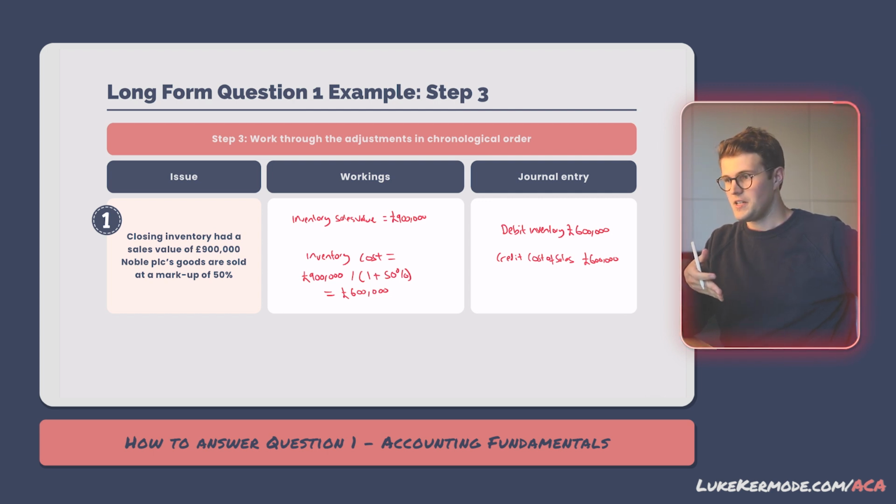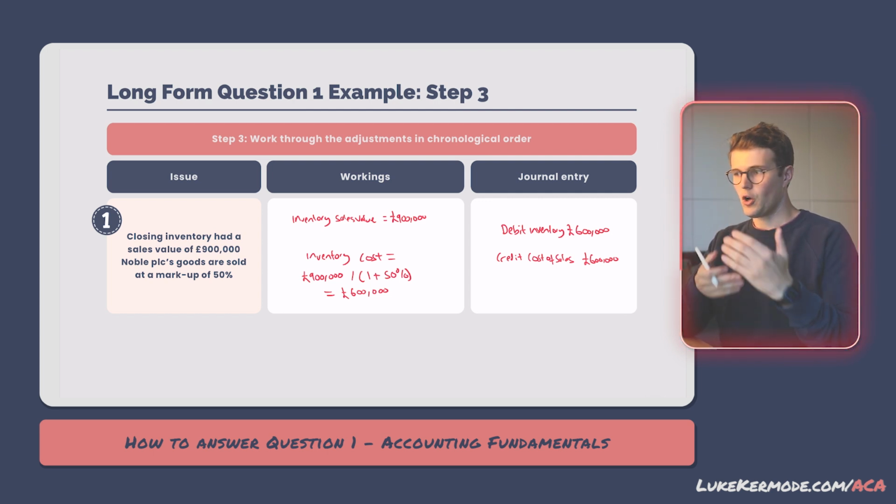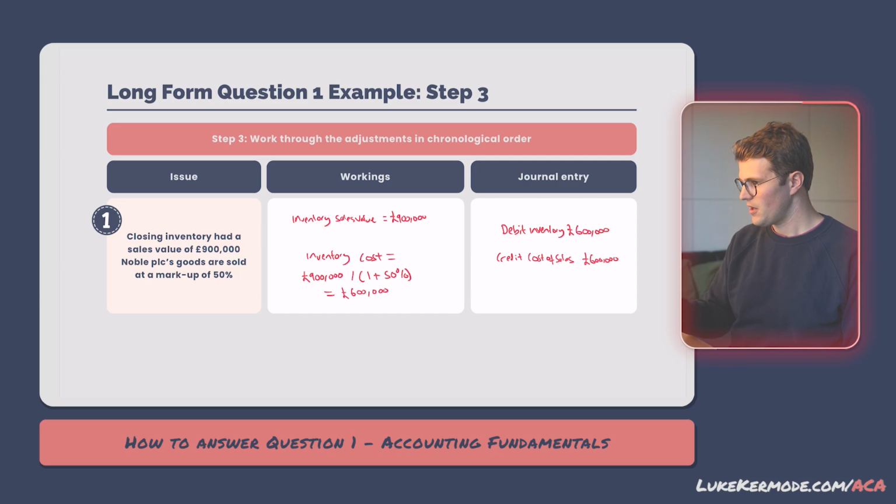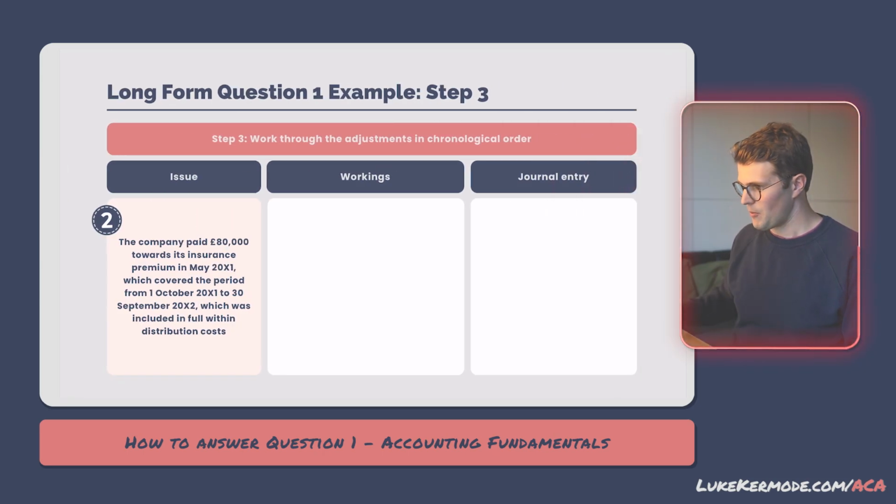That's going to reduce this year's expenses as we're removing the cost of goods sold for the period when we record closing inventory. So that's the adjustment that we need to post for the first issue, closing inventory. And that's going to feed directly into both our balance sheet and the cost of sales formula from step 1.